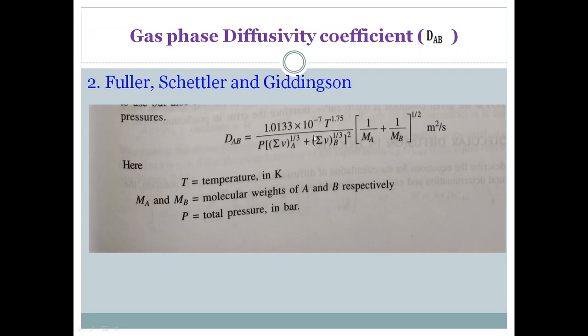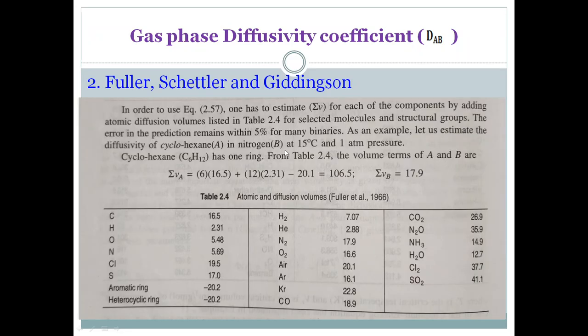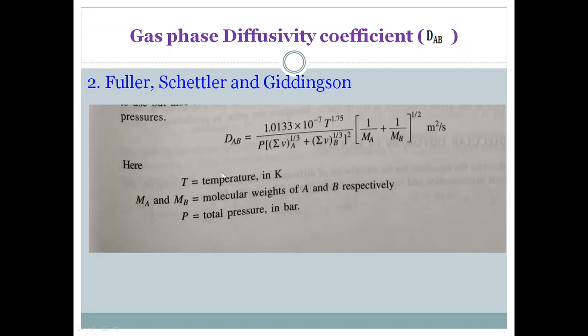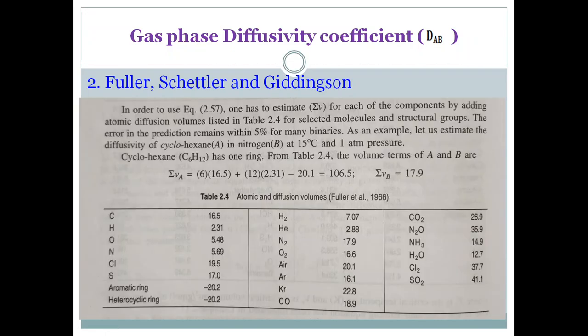Now I have to know how to calculate the summation of V. Let's take the atomic diffusion volumes. For carbon, hydrogen, all these things are given. Now let's take, you want to calculate the summation of Va for cyclohexane.